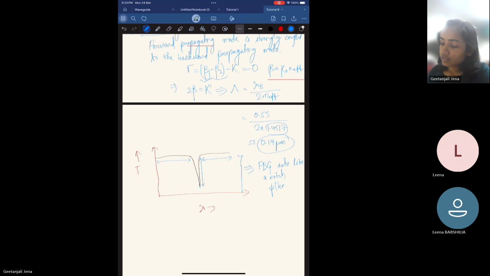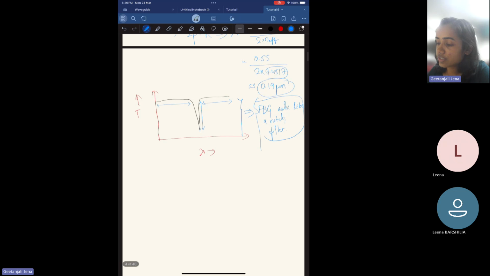So we can use the fiber Bragg grating as a notch filter. This is for the application purpose.